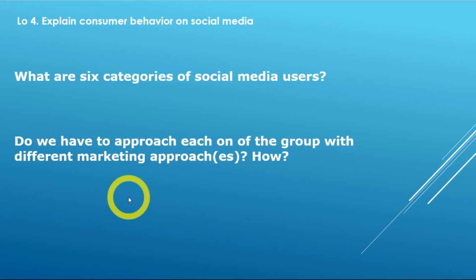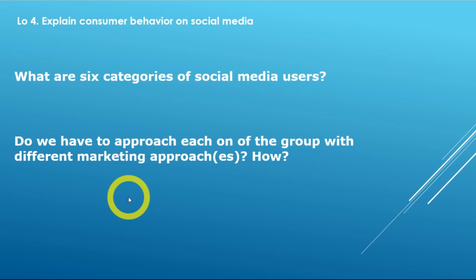So by categorizing the target customers, whether they're creators, critics, joiners or spectators, you might want to provide proper connections and interaction by using social media. For example, if you're one of the inactives, and they try to reach out to you a lot of times, throughout the day, throughout the months, are you gonna like it?